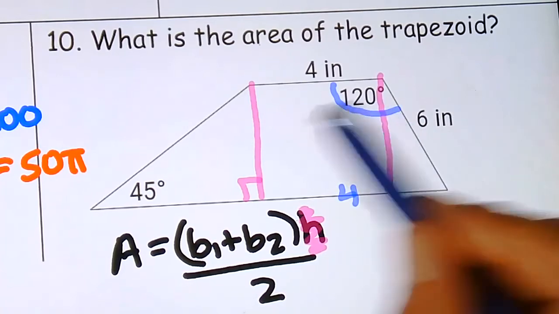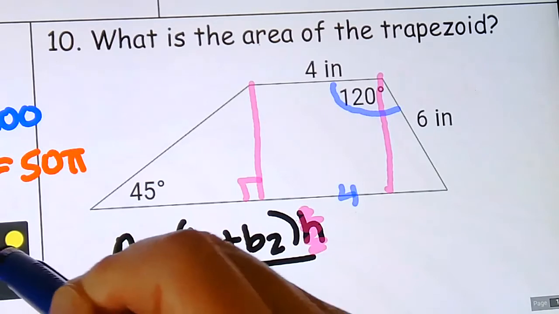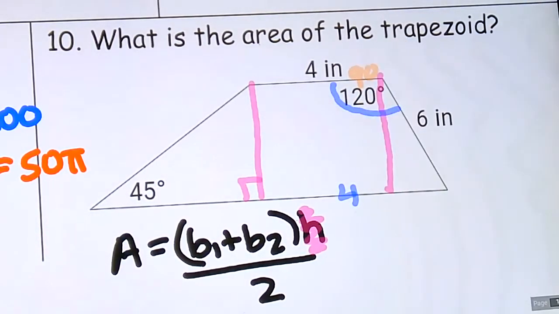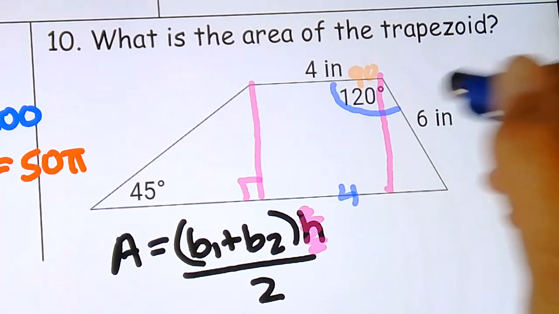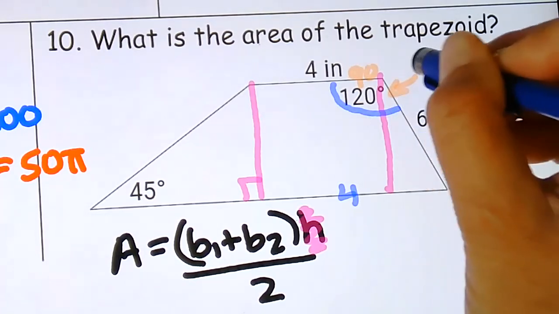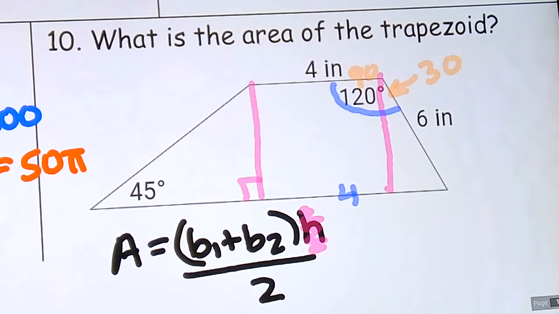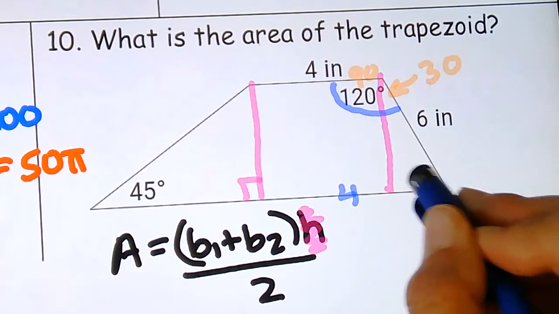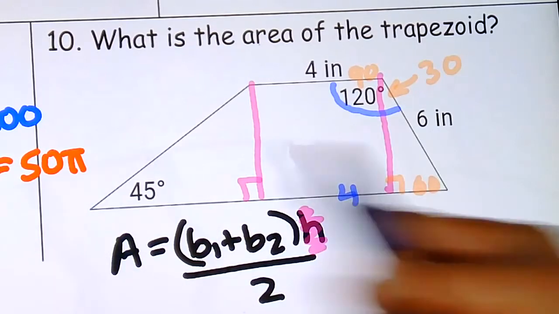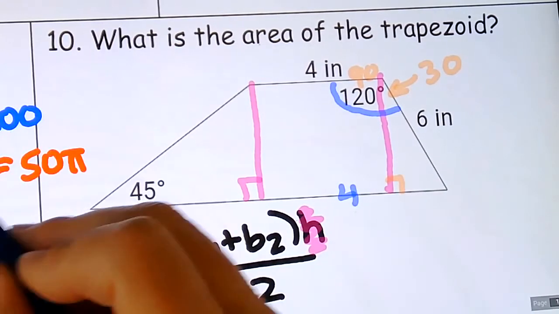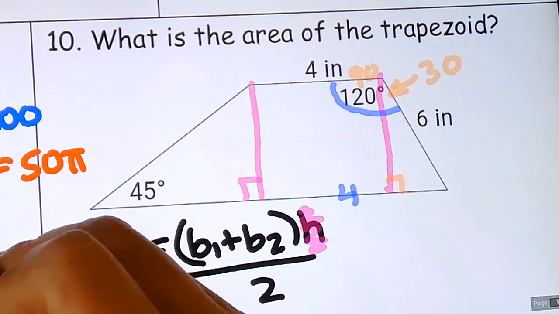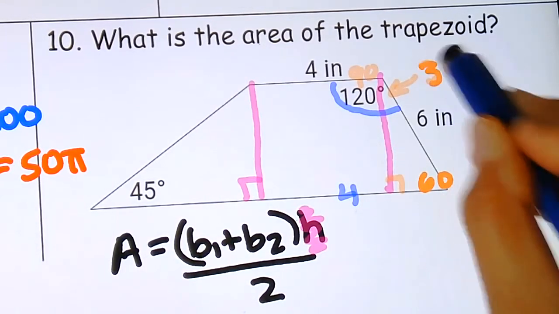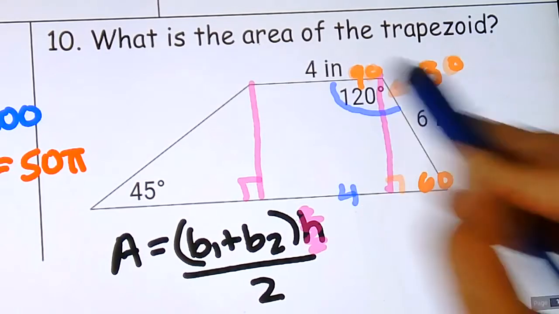Because right here, that part, let me write it in orange, this is 90 degrees. So if that is 90 degrees, that means that this part here is 30 degrees. So this is going to be a 30, 60, 90. Again, this is my 30, this is 60, and this is a 90.